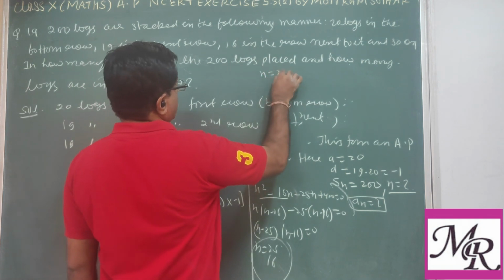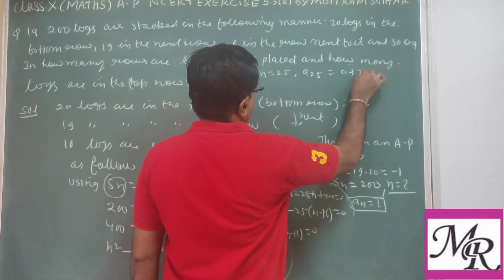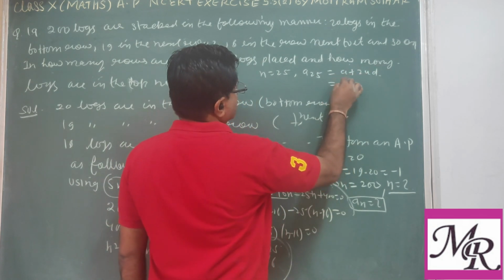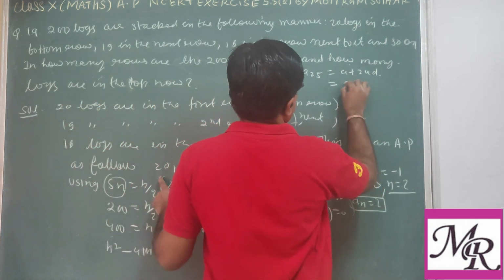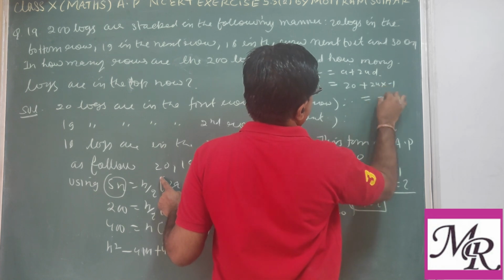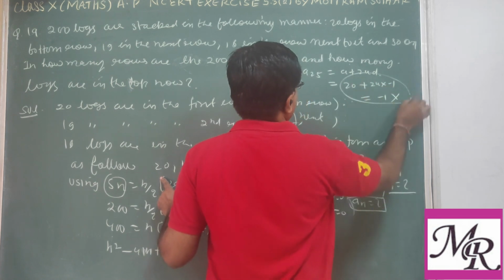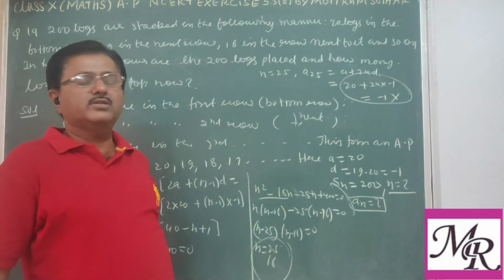Clear? So we may find the last term, suppose a25. If n equal to 25, then a25 will be a plus 24 into d, so first term 20 plus 24 into minus 1. This is negative, so it is not possible. That's why n equal to 25 is not possible.